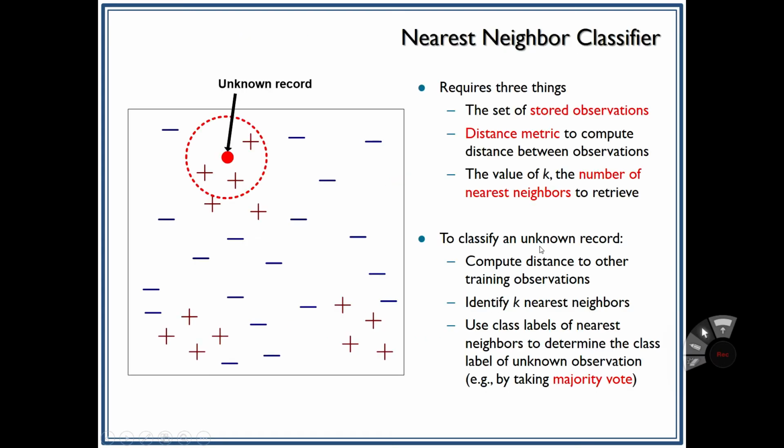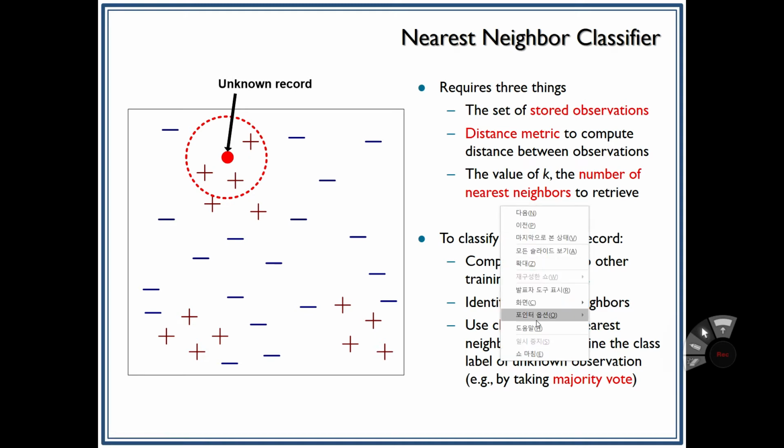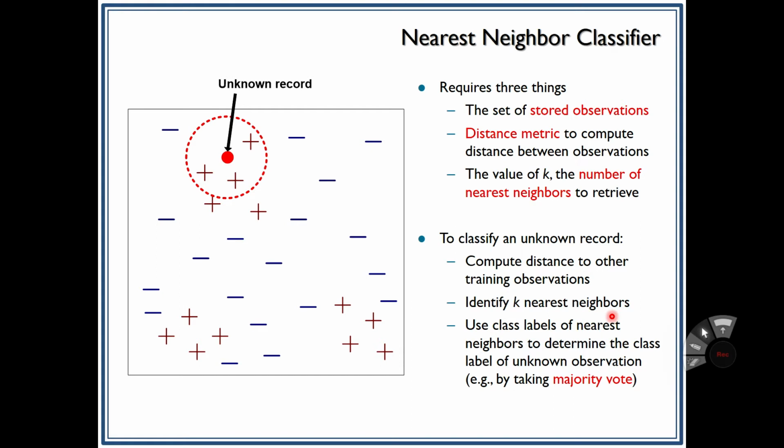So the nearest neighbor classifier, the KNN classifier, requires three things. The first one is a set of stored observations, which means a training set. It also requires a distance metric, a distance measure to compute distance between observations, and the value of k, which is the number of nearest neighbors, should be predefined.